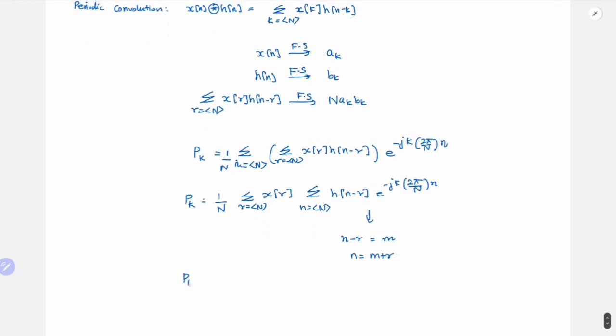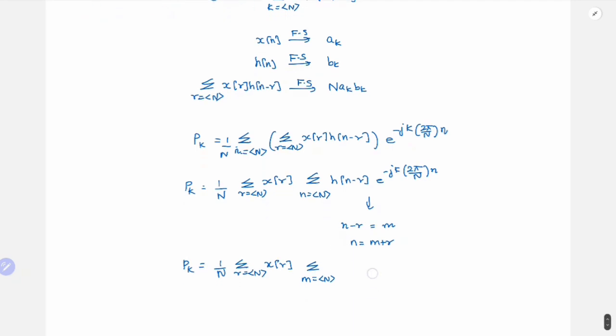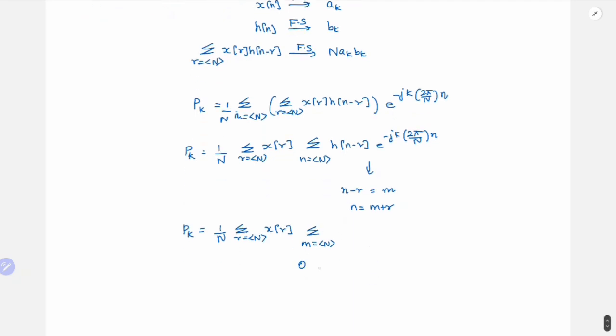So what will I get? pk equal to 1 by N summation r over N, x of r, and the summation will be m equal to N. So it will just shift by r units, but still the number of terms will be N. So it doesn't matter for us, since we are considering any N periods, N samples. So it doesn't matter if it is starting from 0 or r.